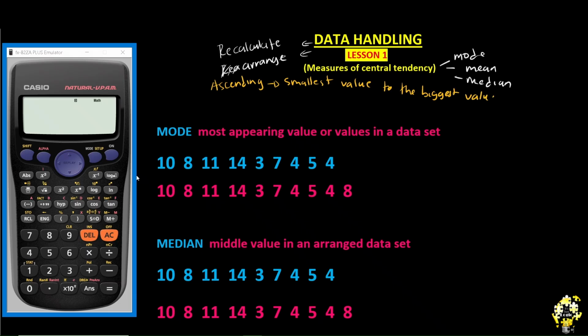So you start with the smallest value and you end with the biggest value. And when we say you have to arrange your data in descending order, you start with the biggest value and you end with the smallest value.